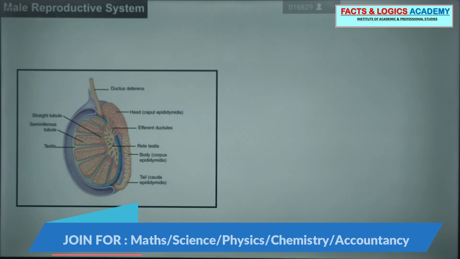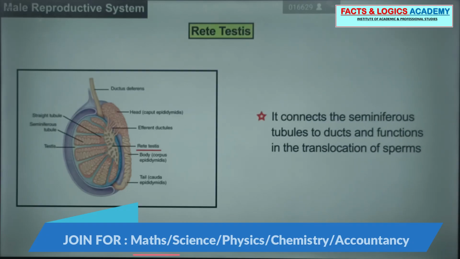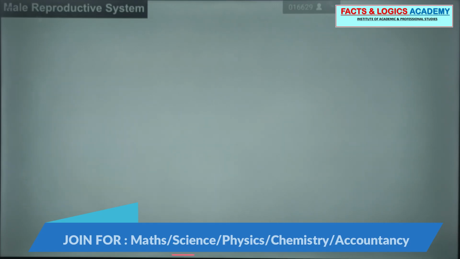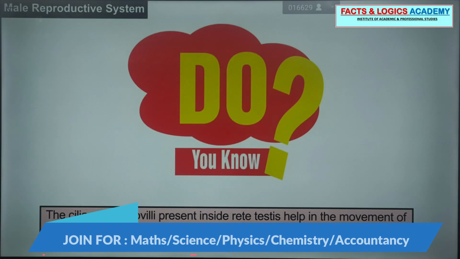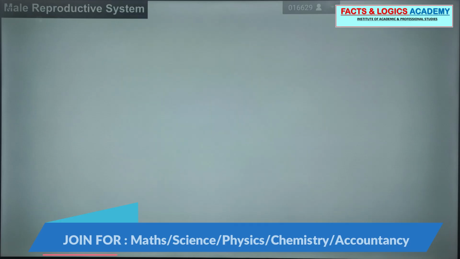The second accessory organ is the rete testes. It connects the seminiferous tubules to the ducts and functions in the translocation of sperms. Do you know the cilia and microvilli present inside the rete testes help in the movement of the spermatozoa along the tube, as they are immobile until they reach the epididymis.